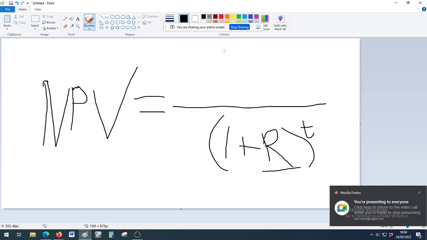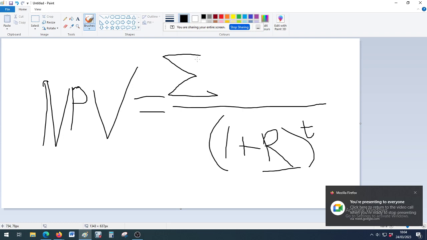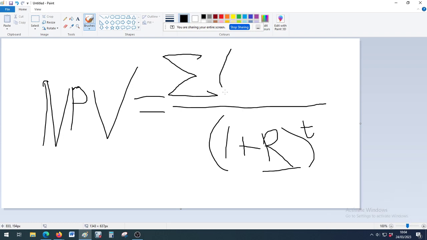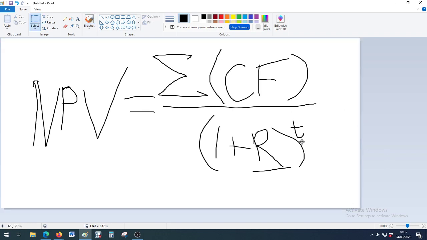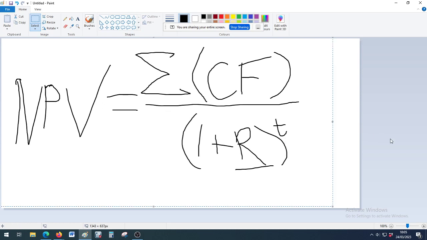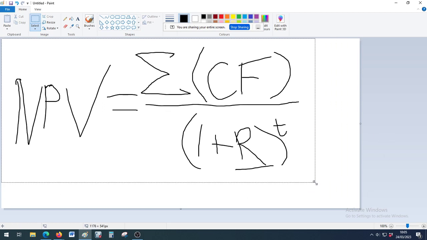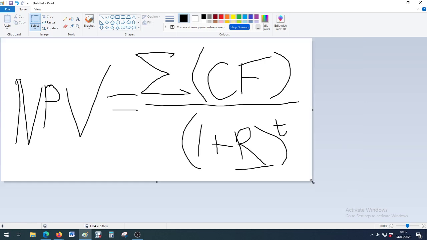For the discount rate and even for the cash flows. So on top over here for this ratio, we have the sum of all the cash flows, right? Sum of all cash flows. But in reality, when you graduate, go get a job as some sort of financial analyst, perhaps in some company, it's pretty common actually to calculate net present value.